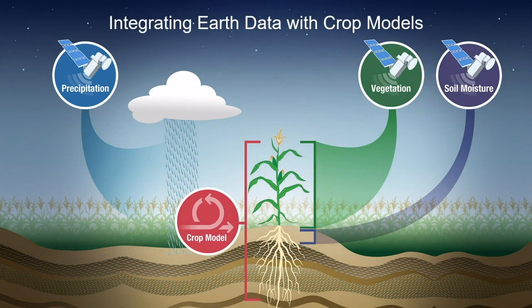Well, this is where the integration of what we at NASA do with what the agriculture community does can become really powerful. Integrating our data and our models with crop models can get us tools that help us look into the future.